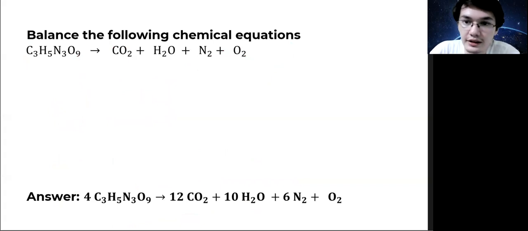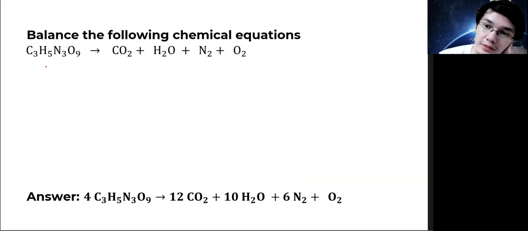Then another example would be ang explosion sa nitroglycerin, and it produces carbon dioxide, water, nitrogen, and oxygen. So again, we count how many moles or how many atoms of an element are there in the reactant side and the product side.